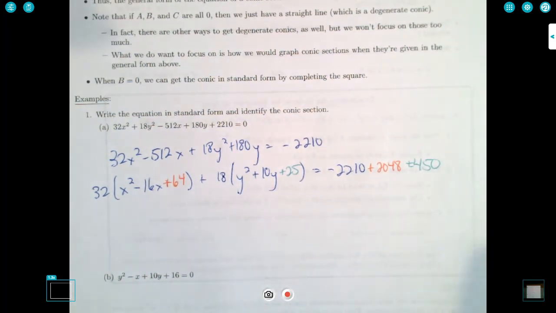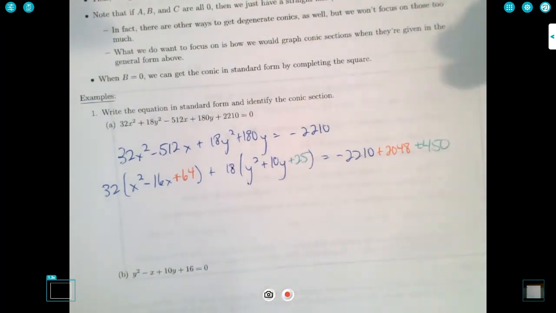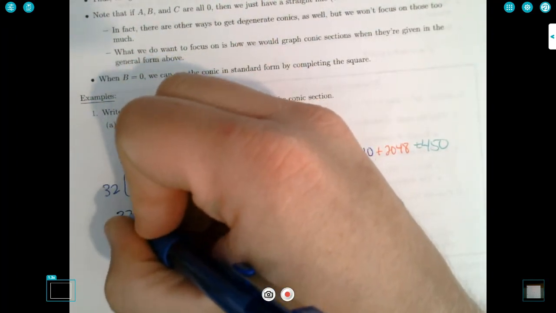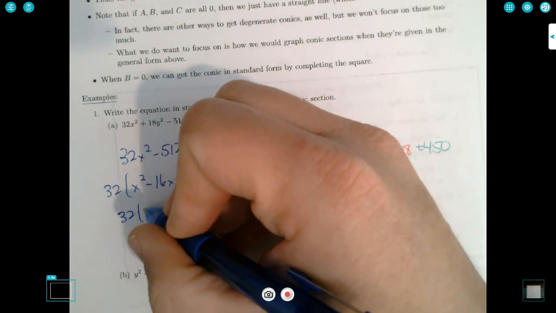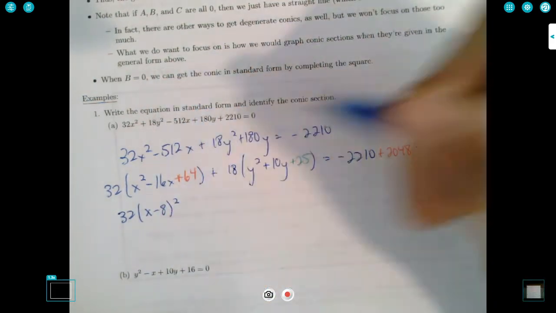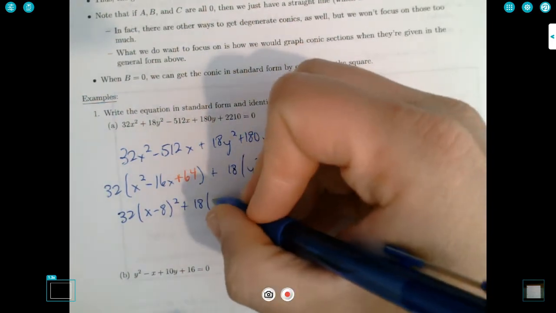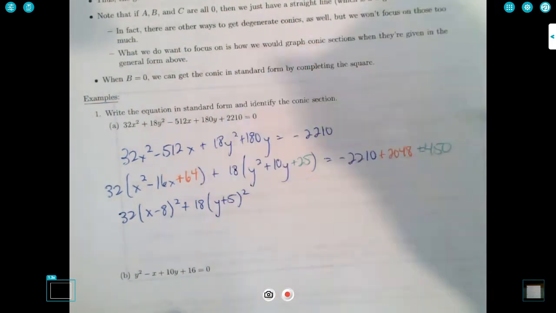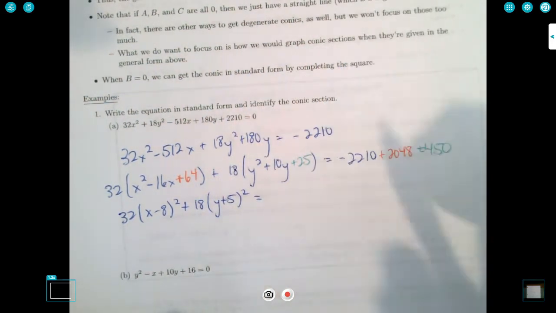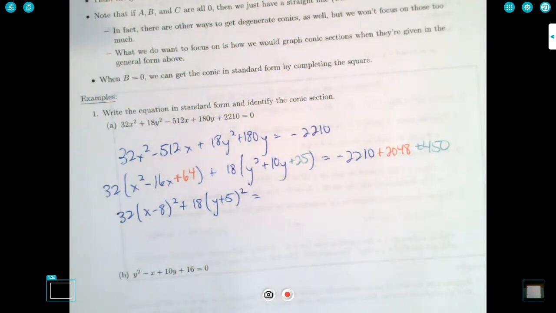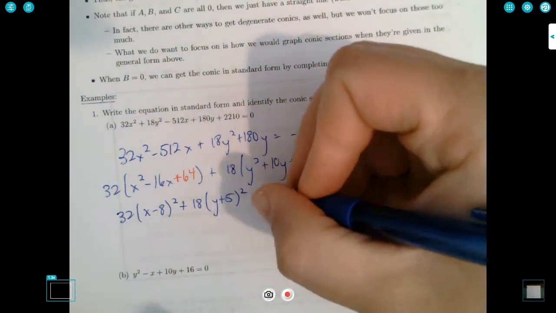And now this becomes 32 times x minus 8 squared plus 18 times y plus 5 squared, and that equals negative 2210 plus 2048 plus 450, which is 288.